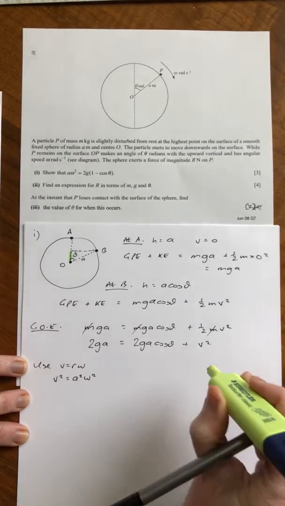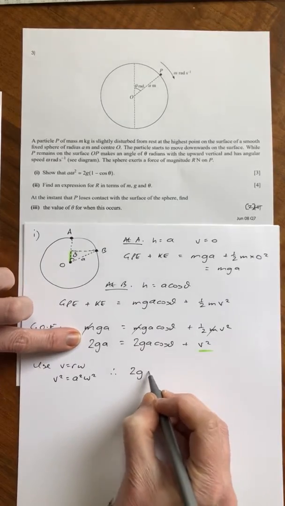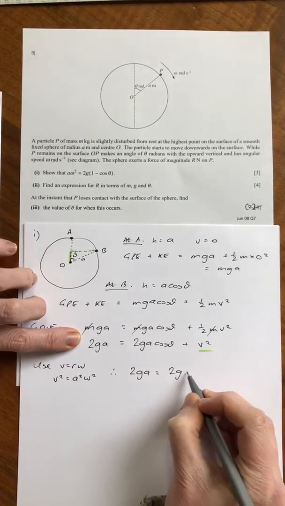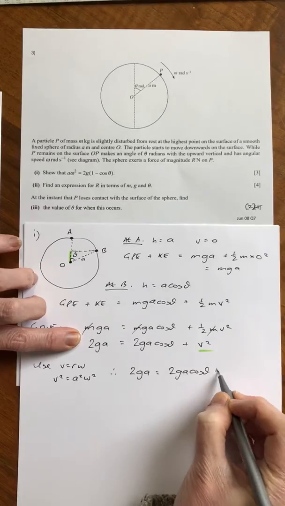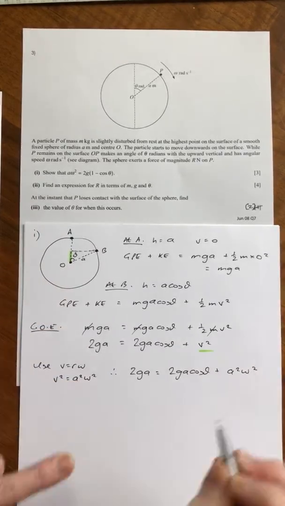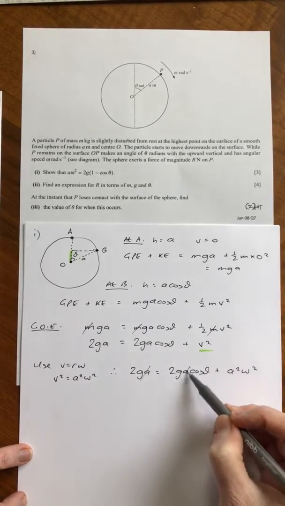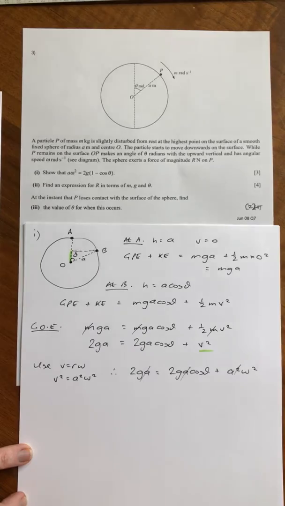So I'm going to sub that in there. So that gives me that 2ga is equal to 2ga cos theta plus a squared omega squared. Every term has got an a in. Cancel, cancel, one of those will cancel.